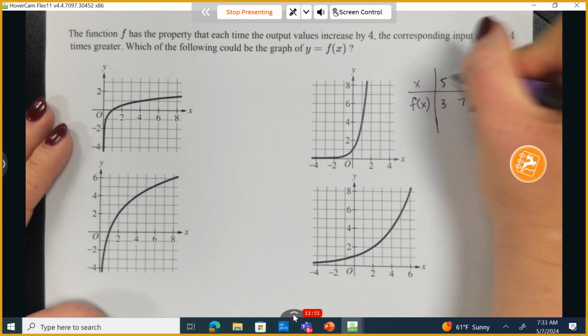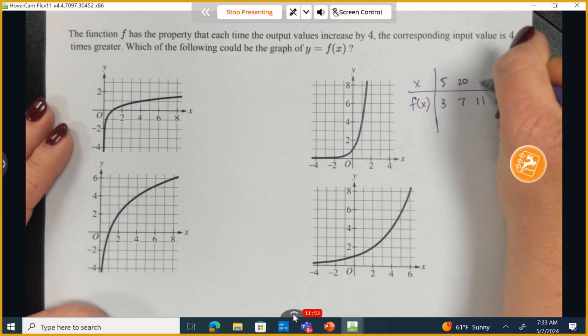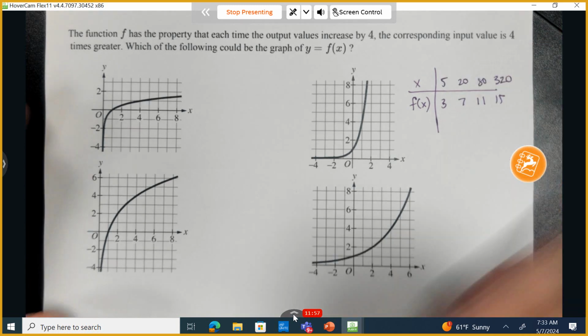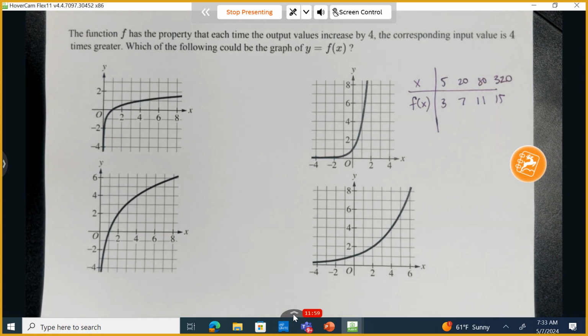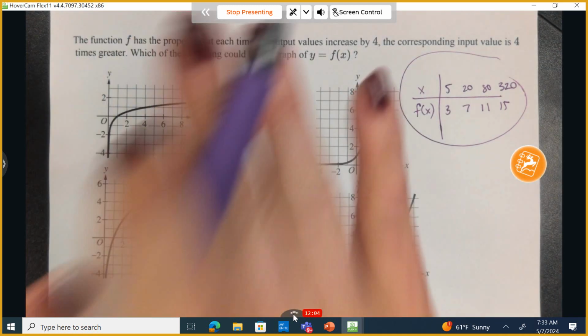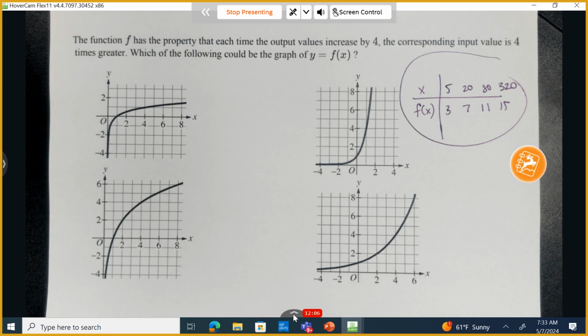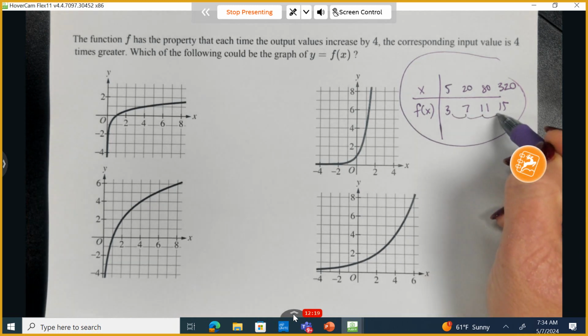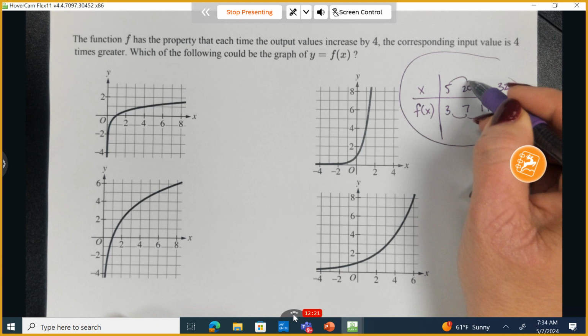So if this is 5, it's multiplied by 4, times 4, times 4, times 4, is that 320? So right now, turn to your partner. Does this data, doesn't mean it matches this graph, but does this data represent right now exponential or logarithmic, and why? Turn to your partner. What does it represent?